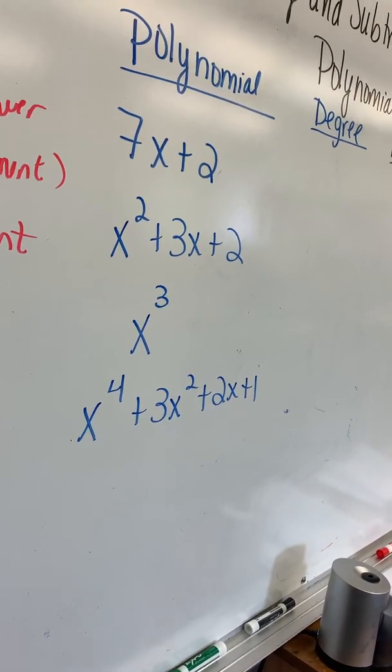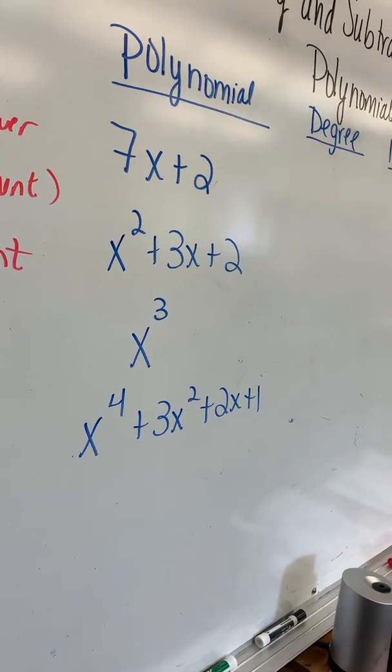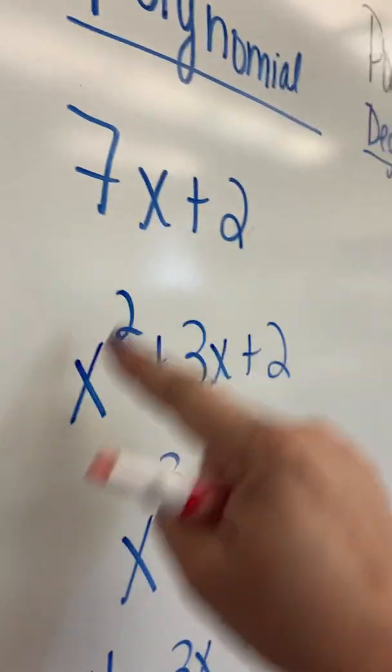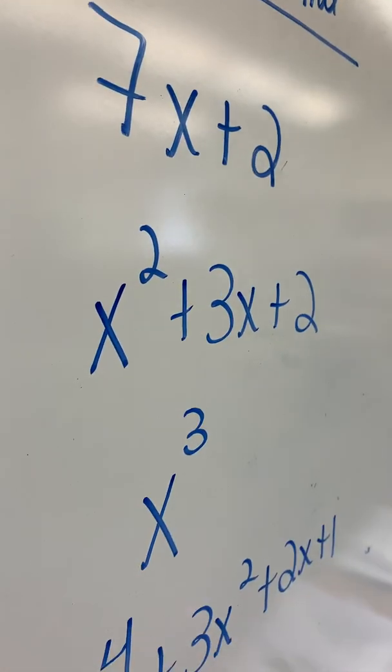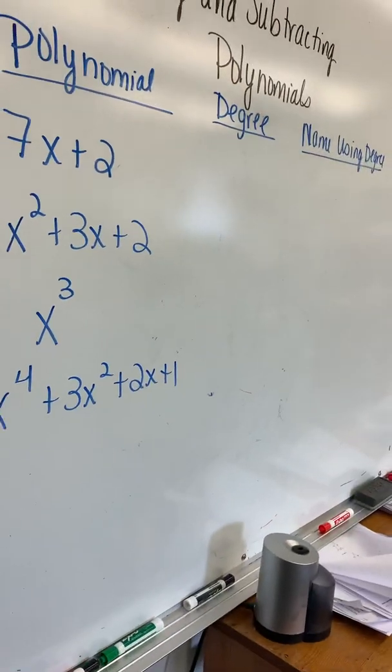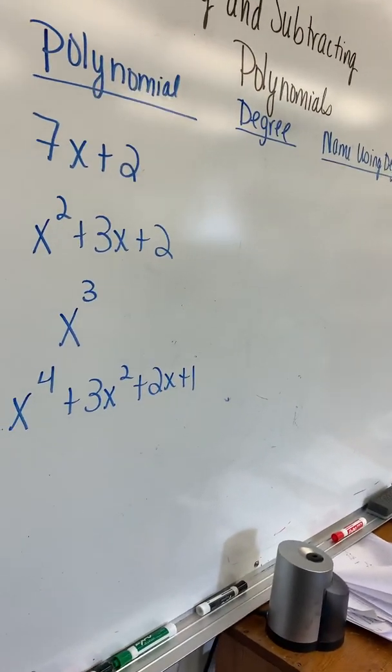So if it was the 7 on the x. Those are coefficients. It's the numbers in front of the variables. So whenever you hear me talk coefficient, that's what I mean.